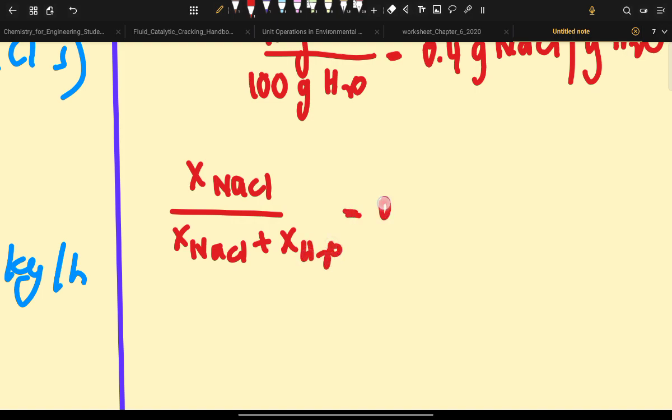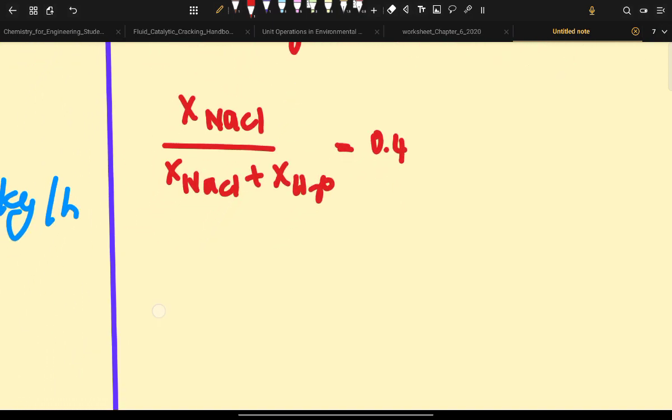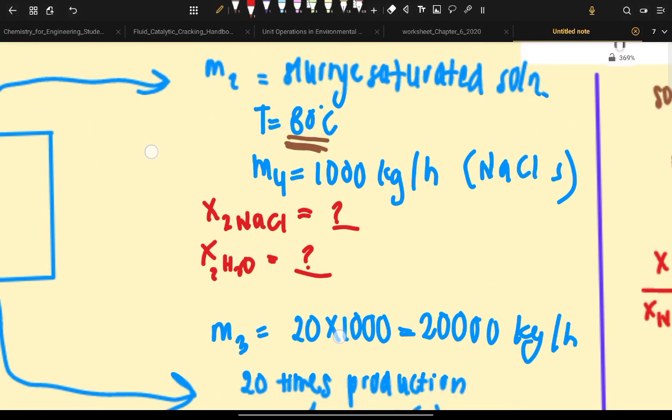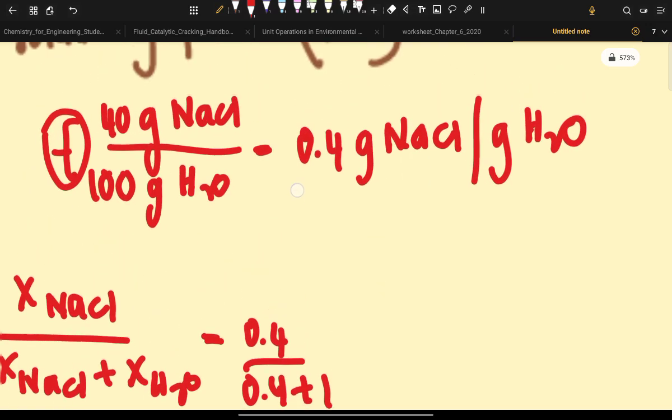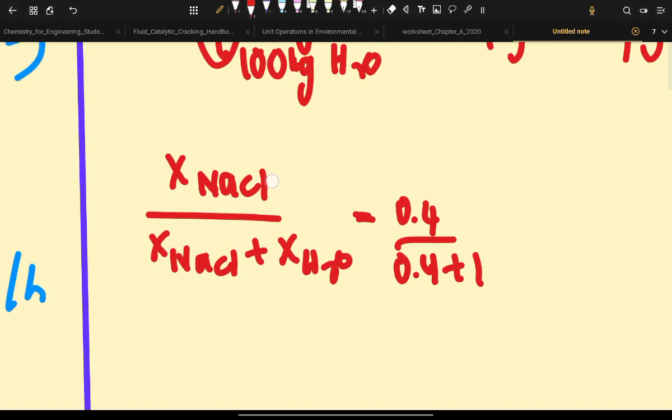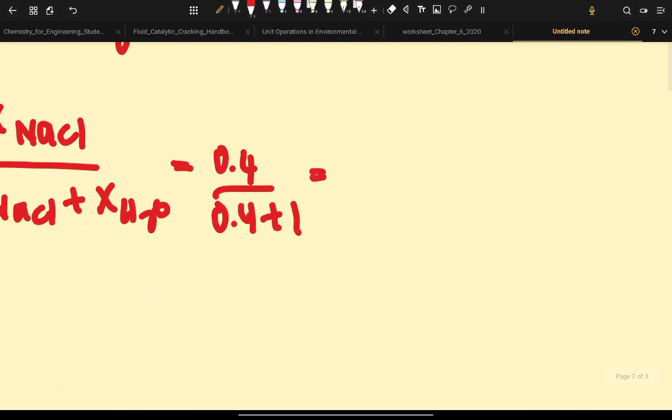You get 0.4 over 0.4 plus 1, because of this. Okay, and you get the answer. Wait, okay, kilogram, sorry, kilogram. Okay, then you get the answer of X NaCl, which is 0.246.